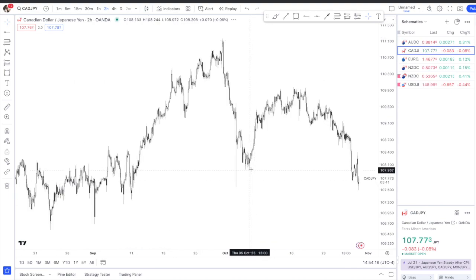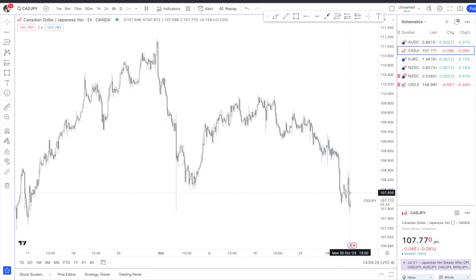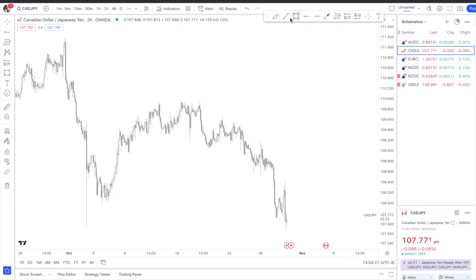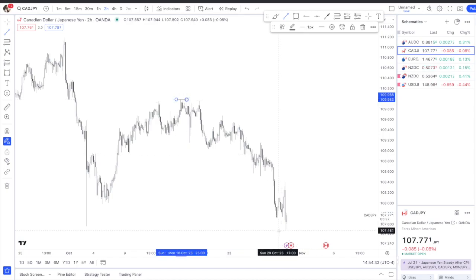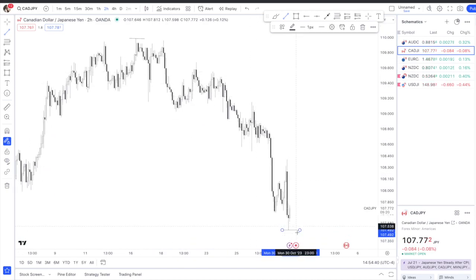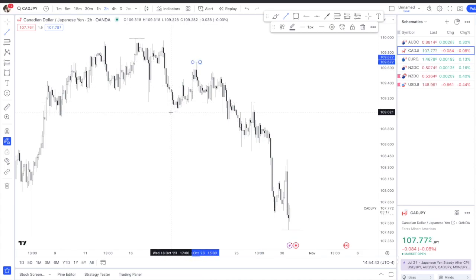We didn't push that high, bringing us to down structure: high, low, high, low. So it's pretty easy to read, and I'm going to get low because this is a JPY CAD pair. So I'm just going to identify this range because that's going to be the most important. So low, high, low. So these are the four.